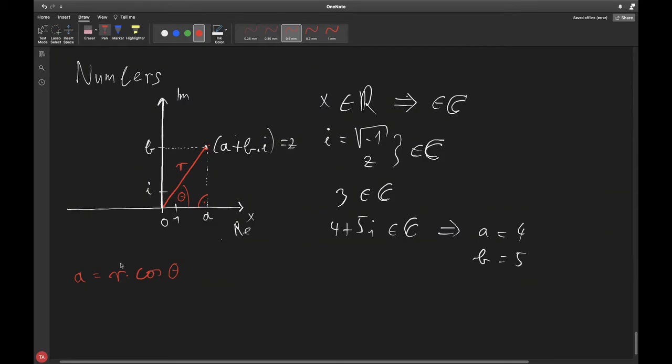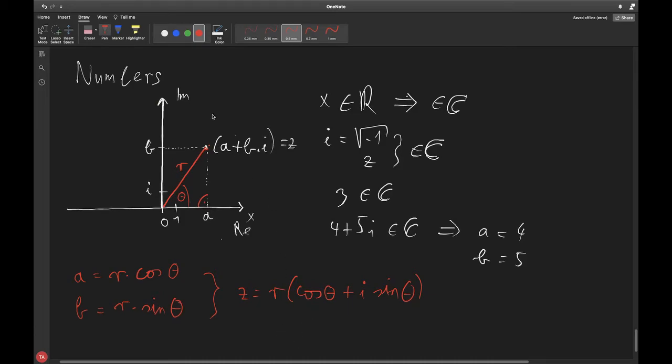And then the b is going to be r times sine of that theta. So from these two, we can say that the complex number z can be expressed as r times cosine of the angle plus i times the sine of that angle.